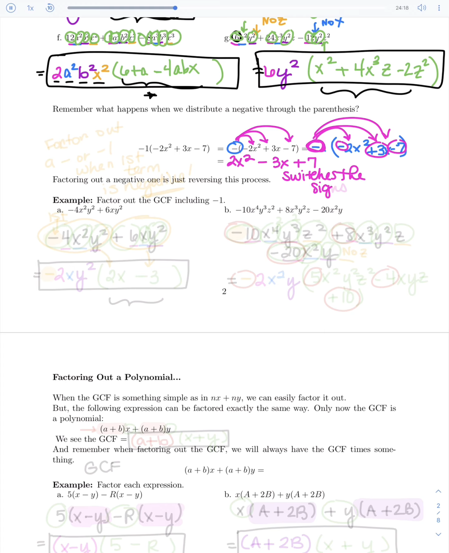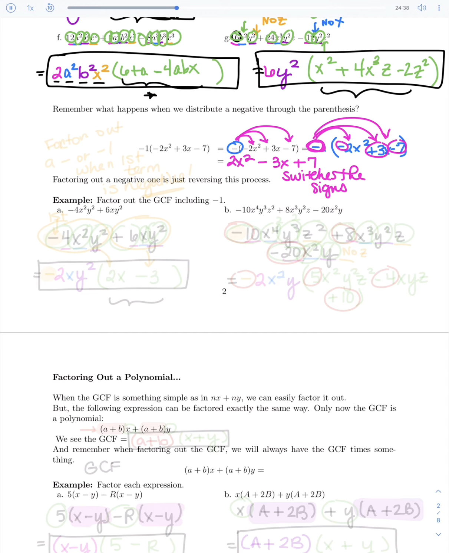So the question then becomes, how do I know what to do, and how do I know when to do this in reverse when I'm factoring? And it's actually going to be super simple. We are only going to factor out a negative or a -1 when we have a negative in our first term.